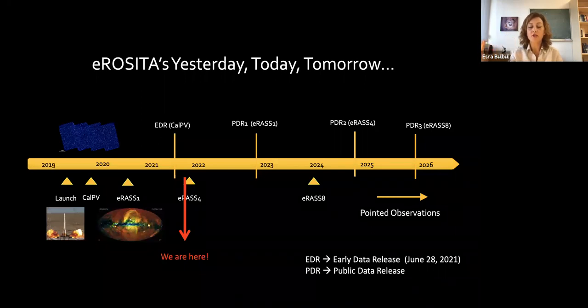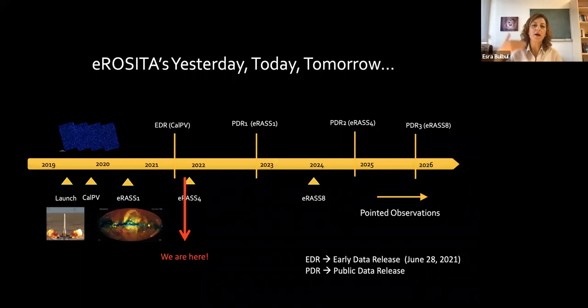We are planning to perform 8 scans of the sky by the end of 2023. We will be done with the all-sky survey, and that is going to get us to the numbers that we want for precision cosmology. We are right now here.